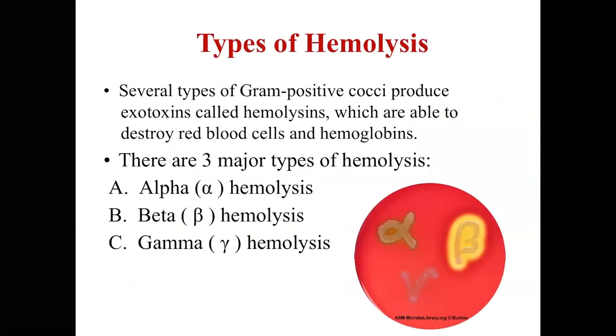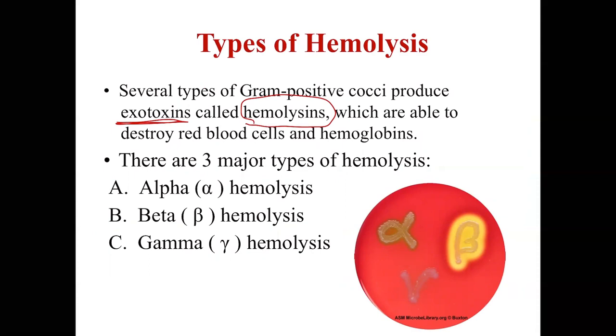Okay. There are 3 types of hemolysis. Some gram-positive cocci, so streptococci, produce exotoxins. They're going to be excreted from the cell, and they're called hemolysins. So they can break down red blood cells and break down hemoglobin.